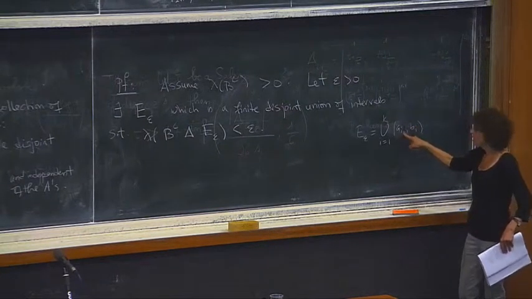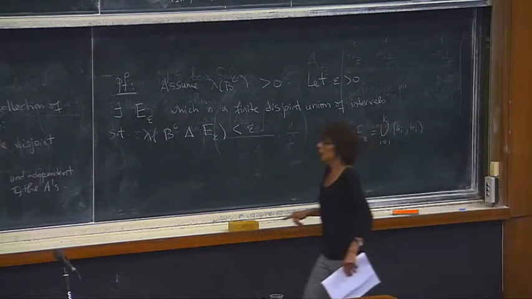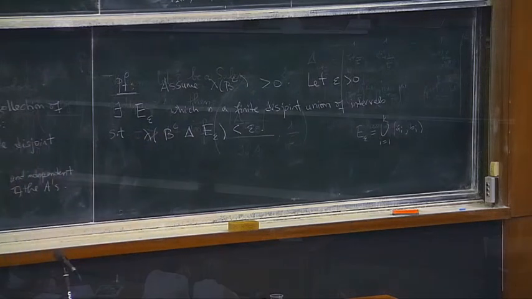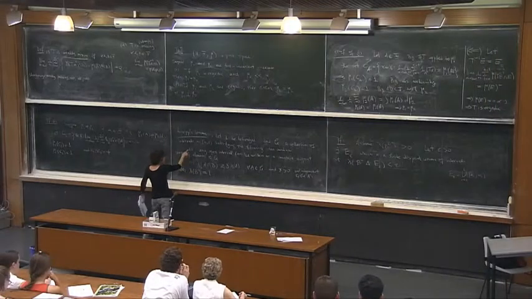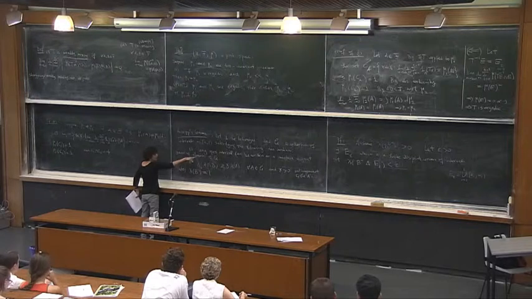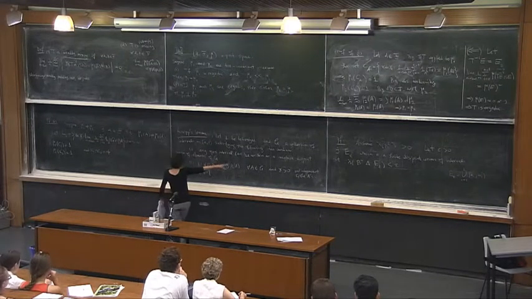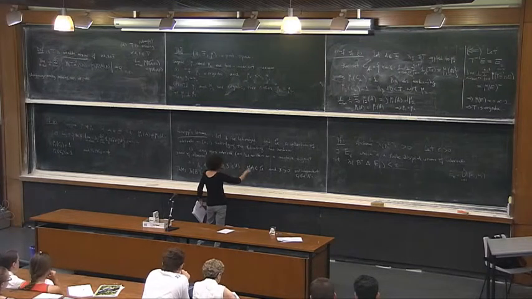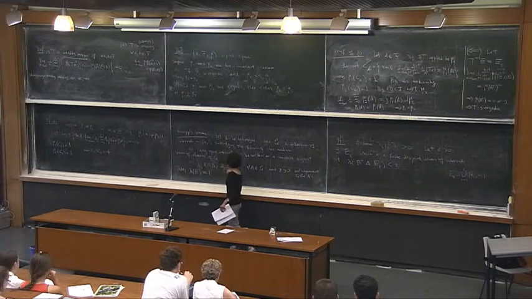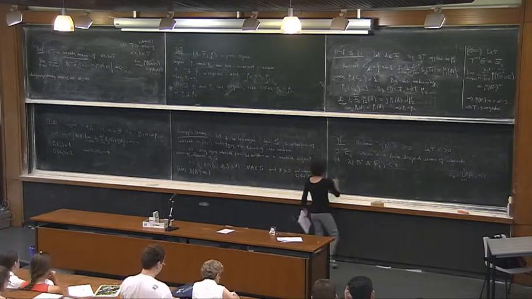And for each interval, I apply 1 and 2. So I write each interval (a_i, b_i) as a countable disjoint union of elements of C, and for each one, I apply this condition. Let me just be brief here.